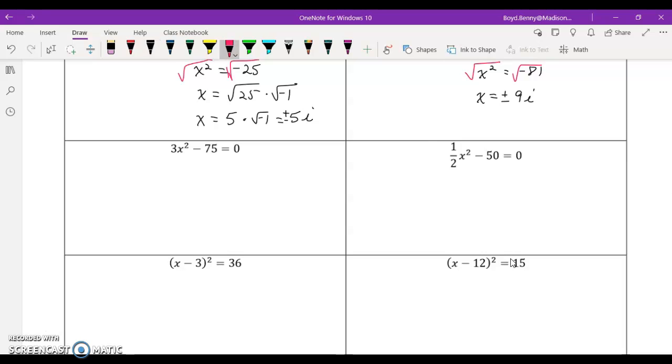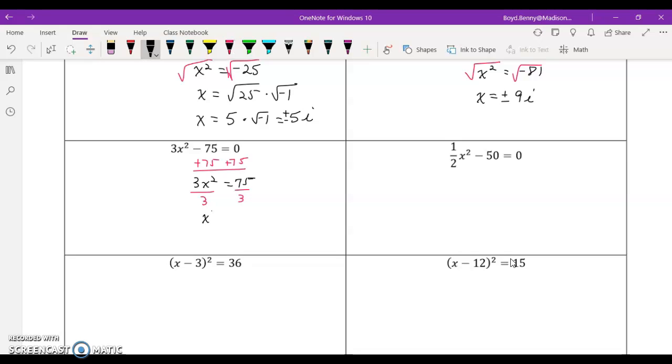Okay? All right, let's take a look at one where we have 3x squared minus 75. Okay, so I want to isolate the squared term. So let me add 75 to both sides. That's going to give me 3x squared equals 75. Okay. And then I'm going to divide by 3, trying to isolate this x squared.